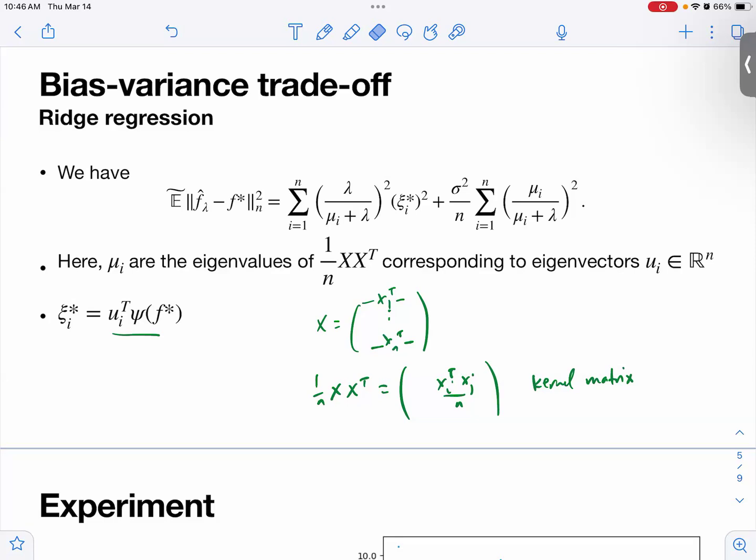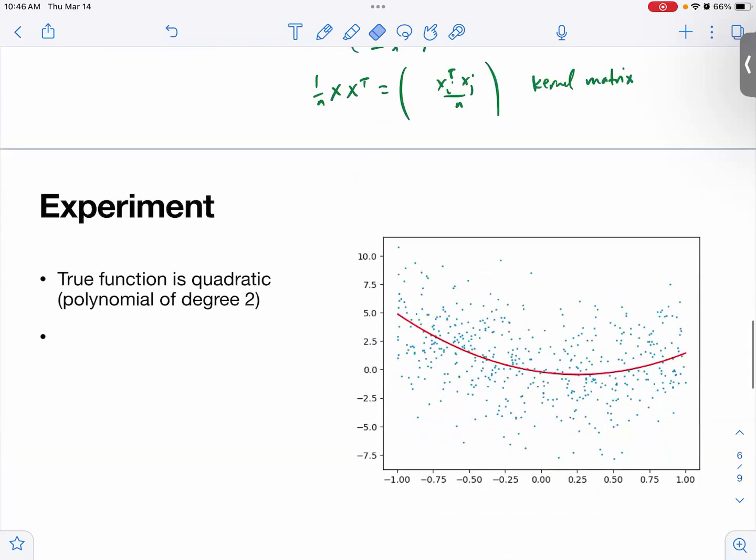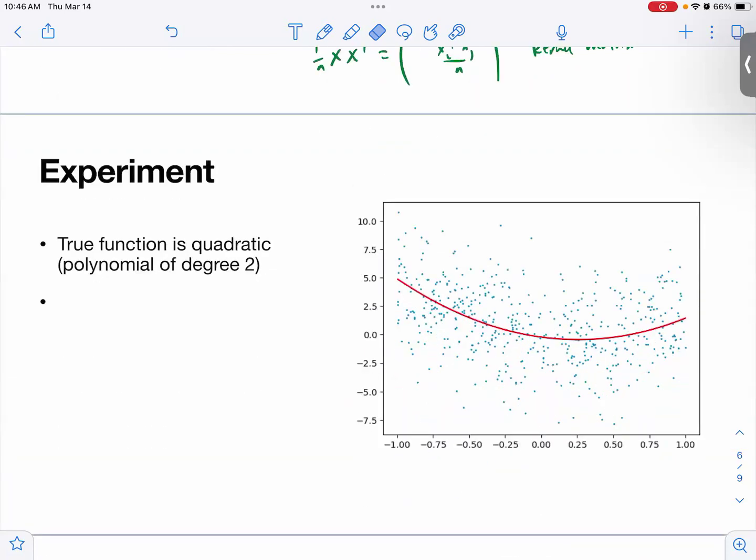So if you do this in an experiment, let's say I have a true function which is quadratic. So the original dimension is 1, and I have a quadratic function. For example, my true function is alpha 0 plus alpha 1 x plus alpha 2 x squared, with some noise, so I have these x's and y's.